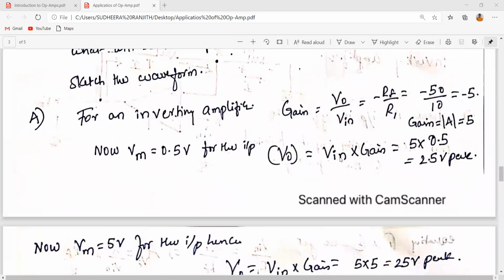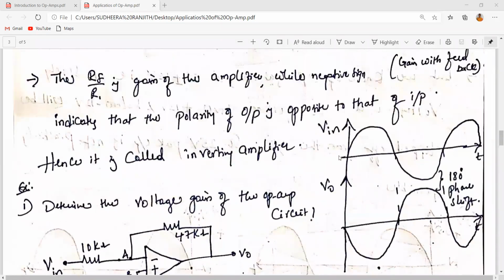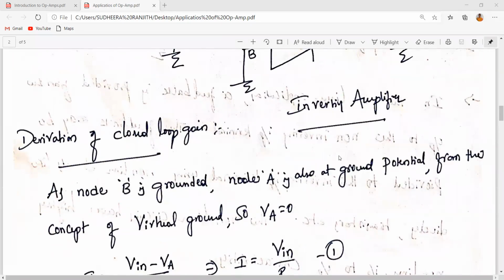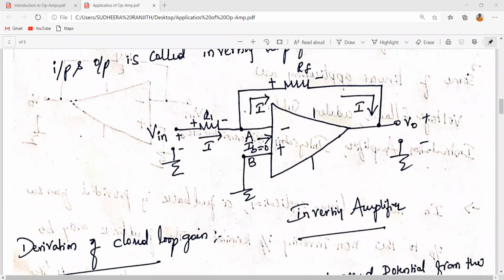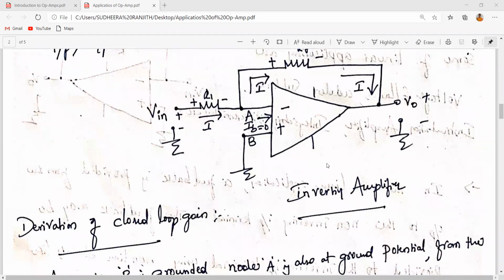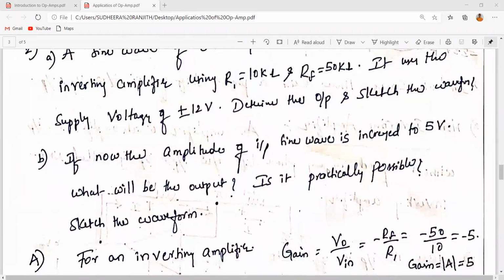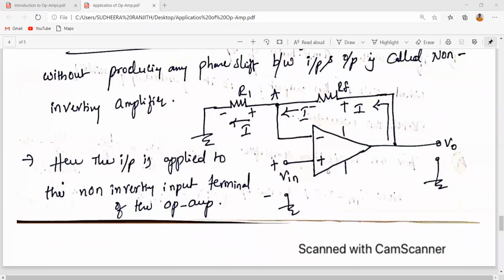In the inverting amplifier circuit, you give the input to the inverting input, and the current flows from input to output. But in the non-inverting amplifier, you apply the input to the non-inverting input terminal of the op amp.